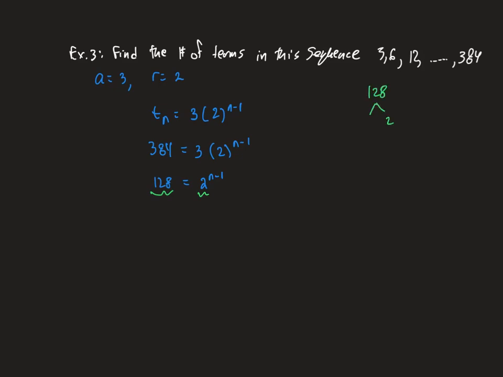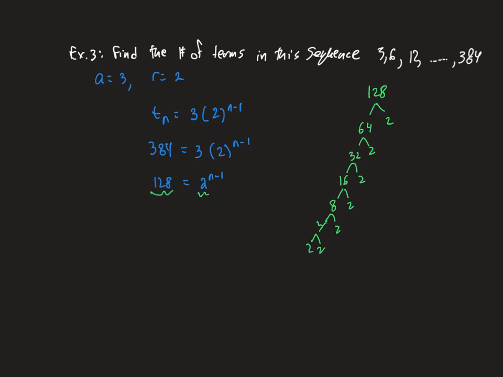128 divided by 2 will give me 64. By 2 will give me 32. By 2 will give me 16. By 2 will give me 8. By 2 will give me 4. And 2 will give me 2.